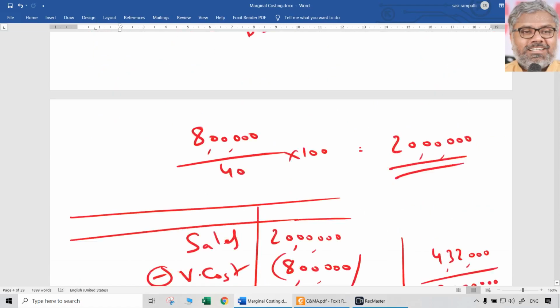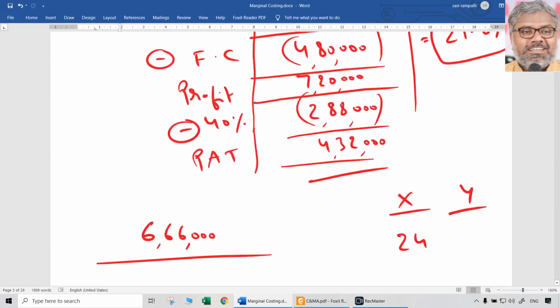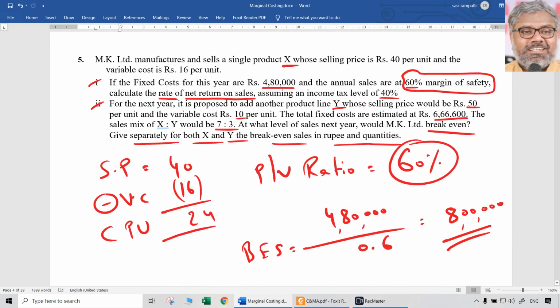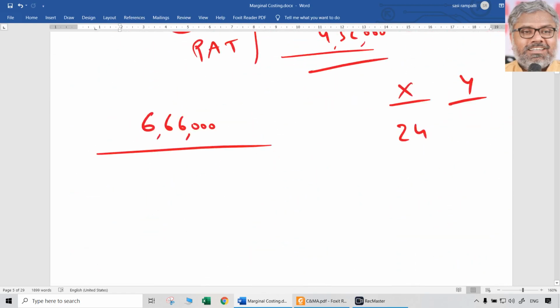We know that it is 24 rupees. Already we calculated that 24 rupees is the contribution per unit of product X. What was the contribution per unit for product Y? Selling price 50 minus variable cost 10. That means it is 40 rupees per unit contribution for product Y.